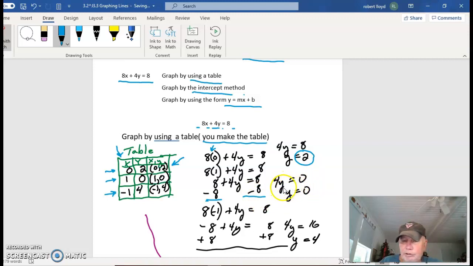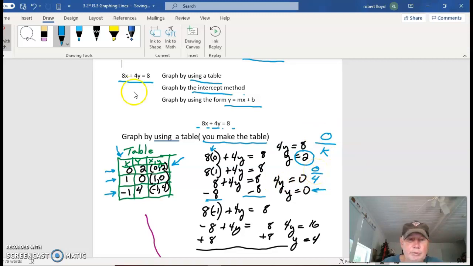When we divide both sides by 4, we will have 0 divided by 4, which is 0. So remember, 0 can be divided by a number, that's okay. It's the other way around, which we're going to see in a minute, that you cannot do.